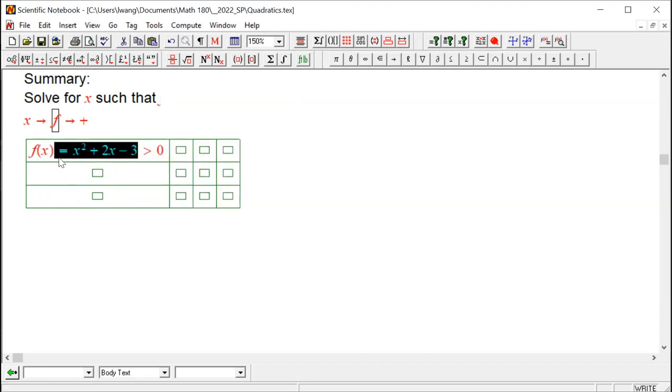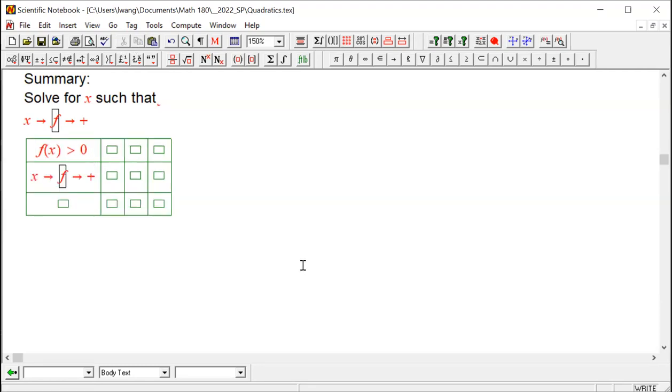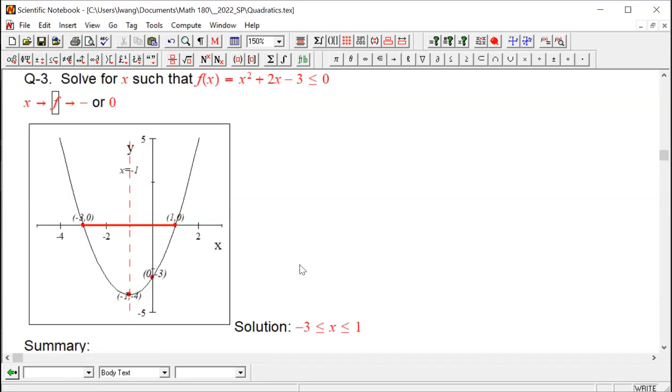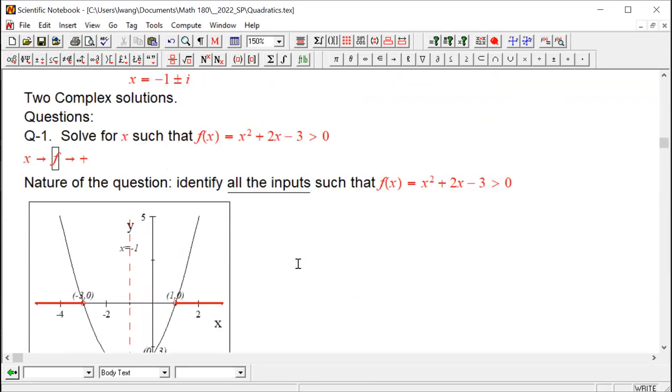Okay, I'm going to just make it simple. And the meaning of the function: we want that to be positive, and the graph. That's question number 1.